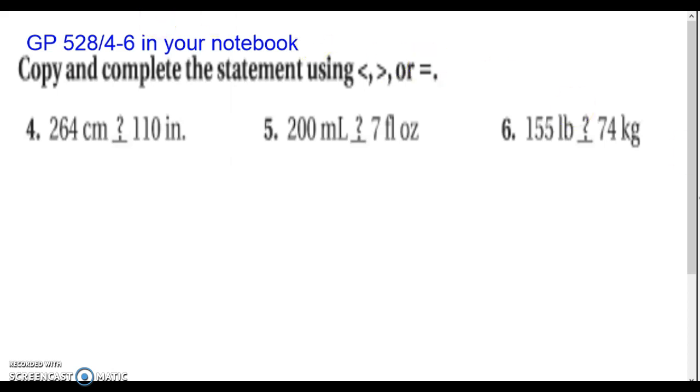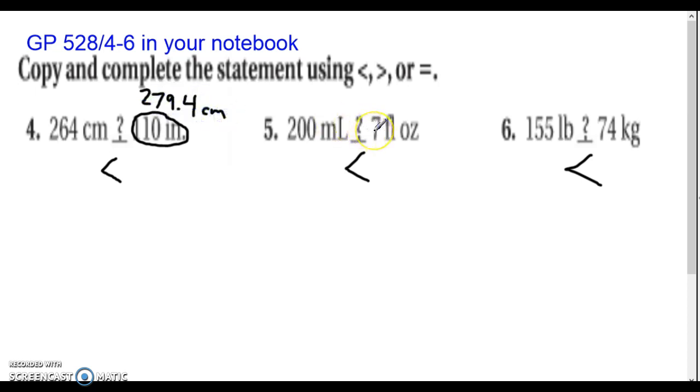Okay, so this is what you should have gotten for each one, and you just need to change each one of these units. So for this one, I changed the 110 inches, and I got 279.4 centimeters. That's what that was equivalent to.